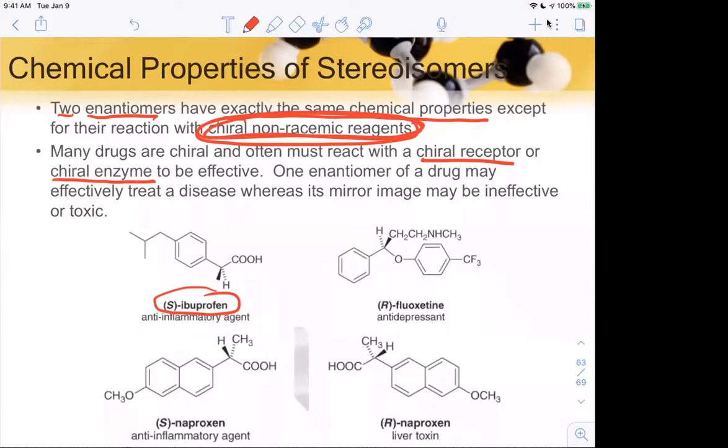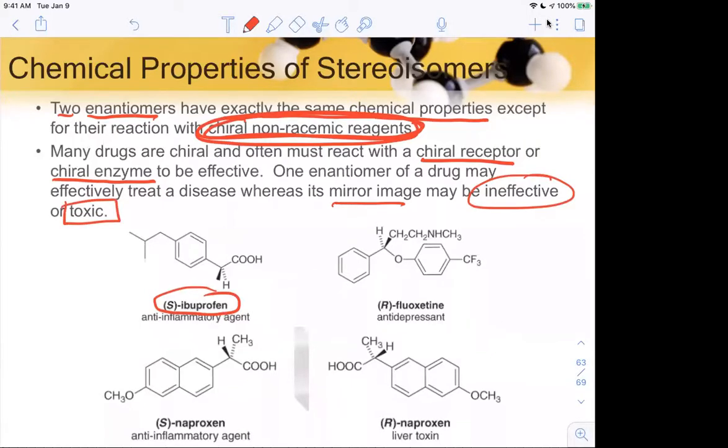In some cases, one enantiomer can be effective and the active ingredient in a drug, and the mirror image may actually be ineffective at best or toxic at worst.